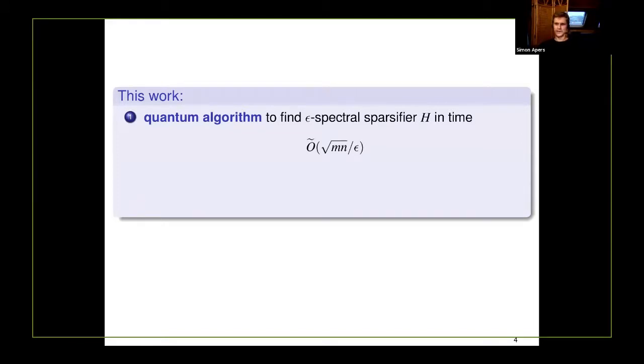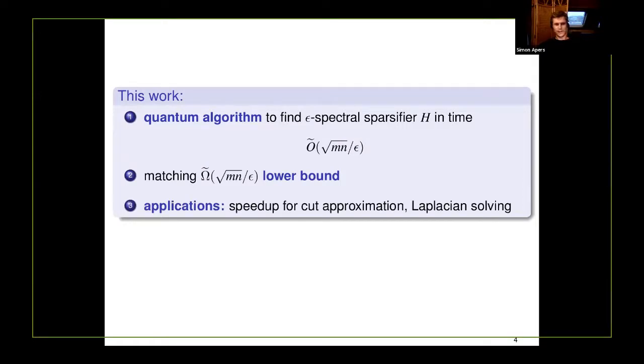For dense graphs, this brings the complexity down from n squared to n to the 3/2. We showed that this is optimal, with a matching lower bound up to polylog factors. Finally, we get a slew of applications for quantum speedups in cut approximation, Laplacian solving and other things.